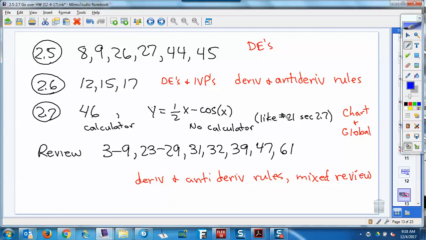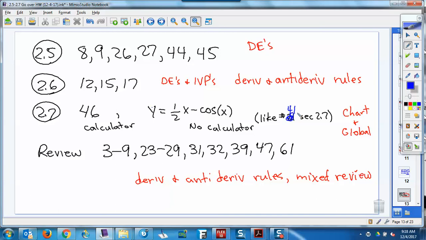It's like number 41 that we just did with the no calculator. Okay, so there's some chart and global max min. And then the review section, the chapter summary section, which in the answer book they call 2.8. Here's just some problems that kind of review what I just put up, derivative, antiderivative rules, some more stuff. I'm not going to check it. That's just some extra practice for the quiz.